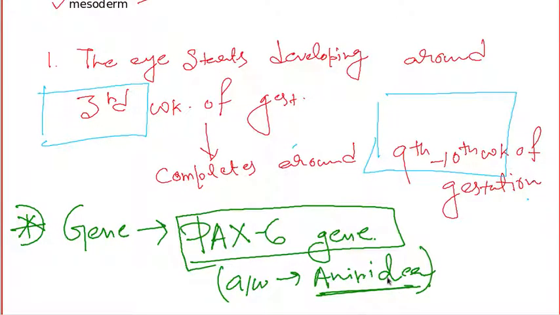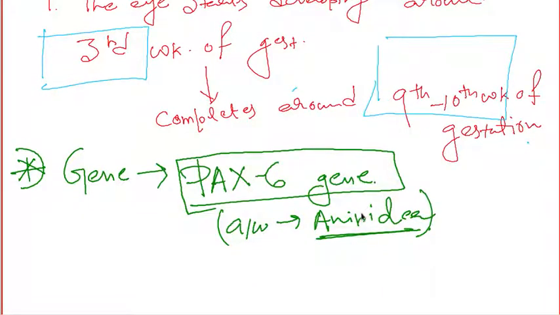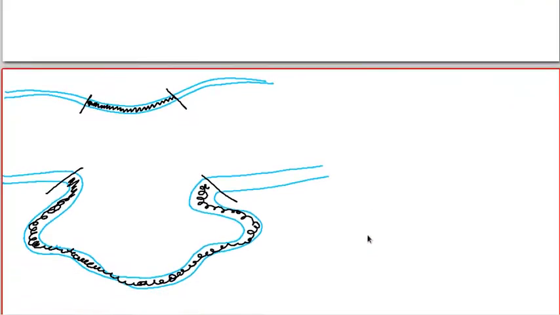Okay, so now we'll go to the step-by-step development of the eye. First we will see here, what is this? This is a layer that is called the neural plate.